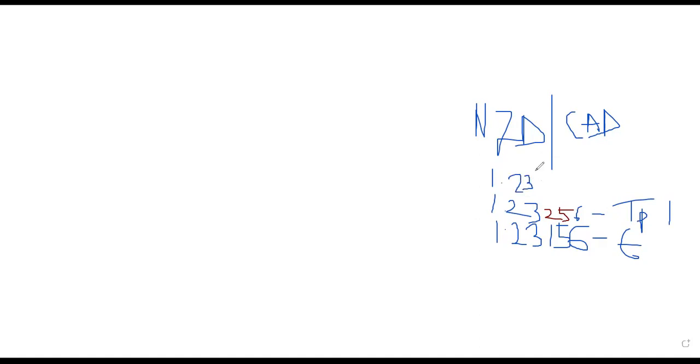Adding another 10 pips to this, that'll be 1.23356. I have to change the colors so that you know exactly where I am adding these 10 pips. I'll put my TP2 here. So I have TP1 and TP2.